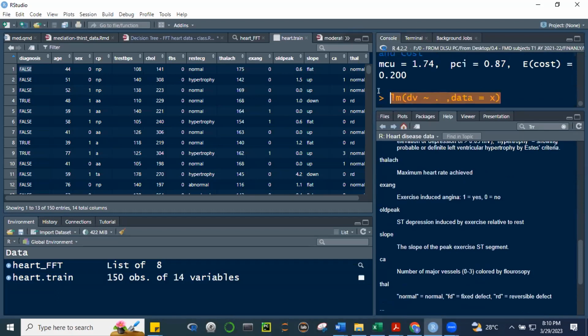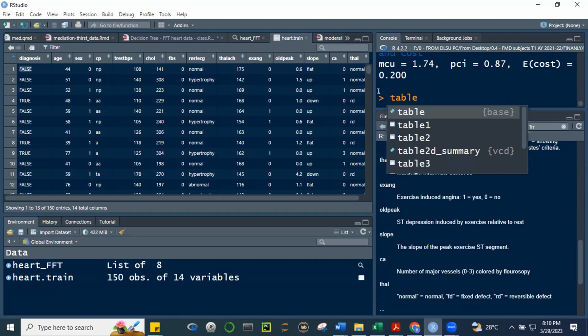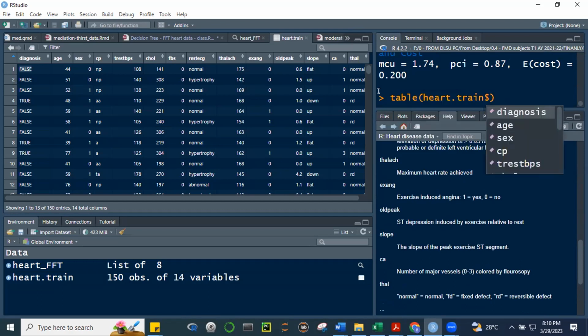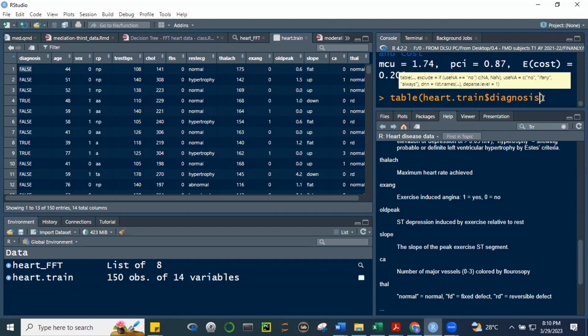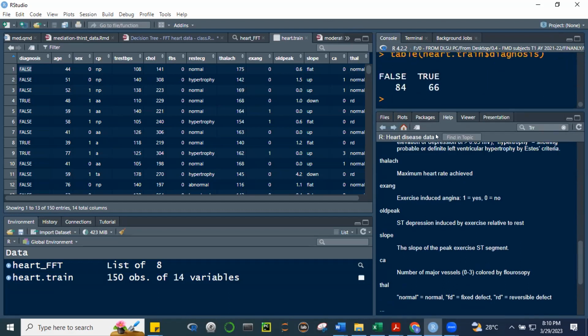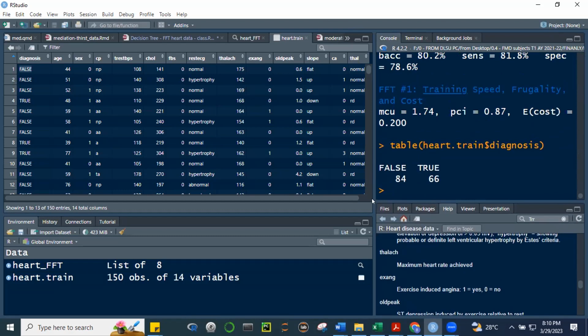Can we create a table out of that table? Let's see. Table heart that train dollar diagnosis. Okay, yan. So ito yung distribution niya.